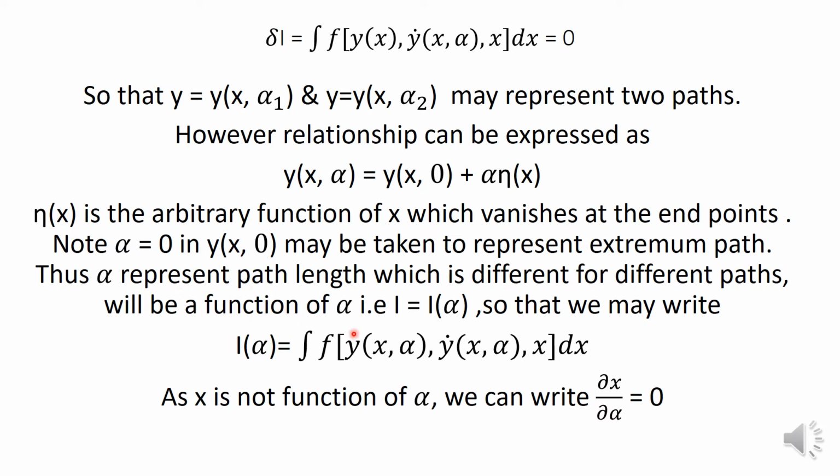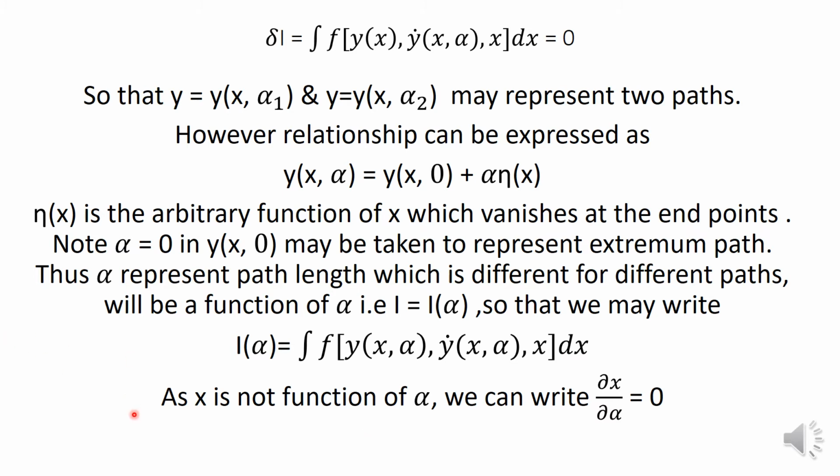I will be a function of alpha, that is I equals I(alpha), so that we may write I(alpha) equals integral f of y(x, alpha) comma y dot(x, alpha) comma x, dx.